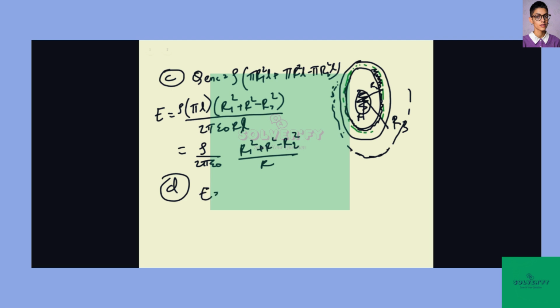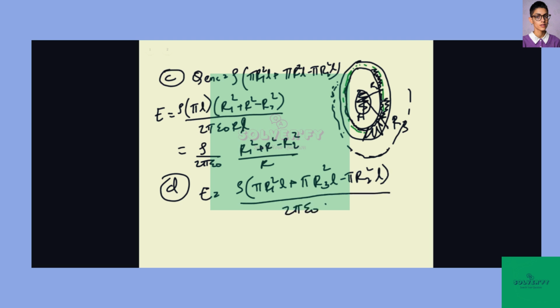Hence, electric field will be rho times the volume of the inner cylinder, that will be pi r1 squared L, plus the volume of the whole cylindrical shell, which will be pi r3 squared L minus pi r2 squared L, divided by 2 pi epsilon naught rL, which turns out to be rho into r1 squared plus r3 squared minus r2 squared, divided by 2 epsilon naught r.